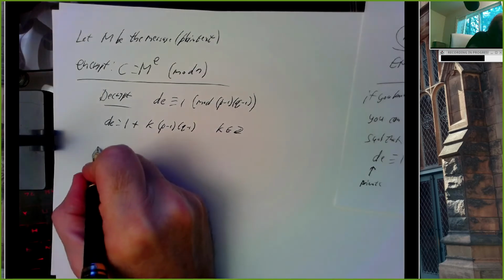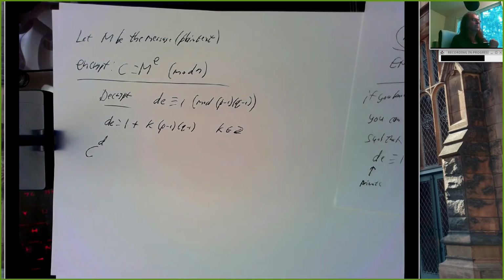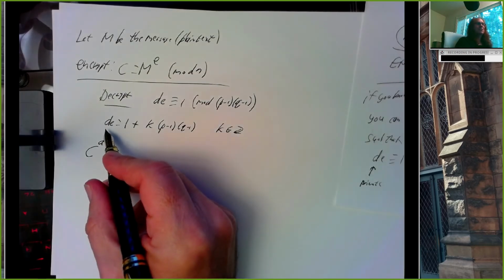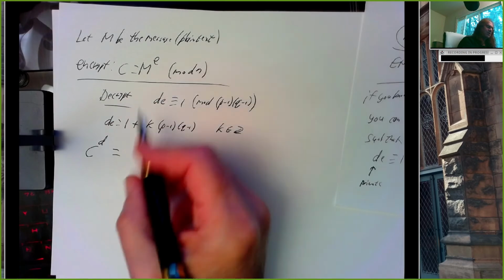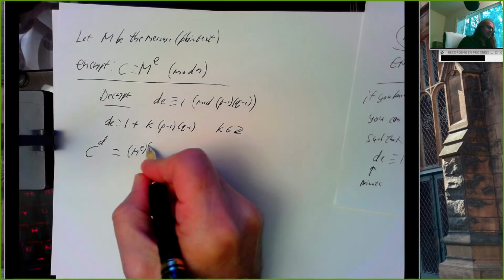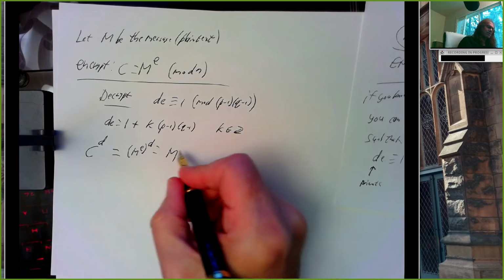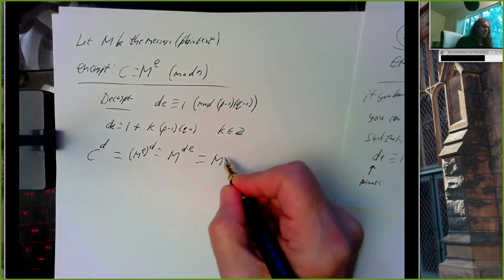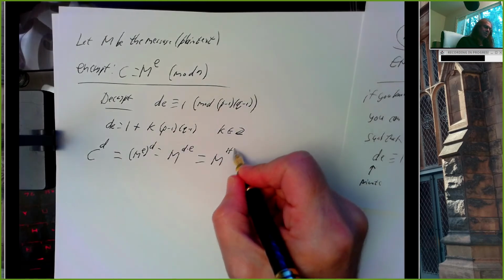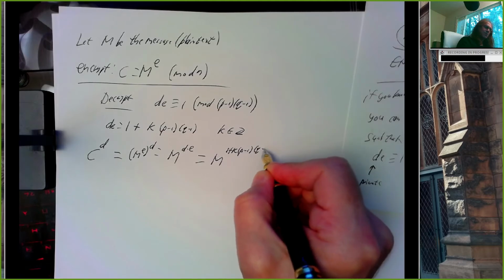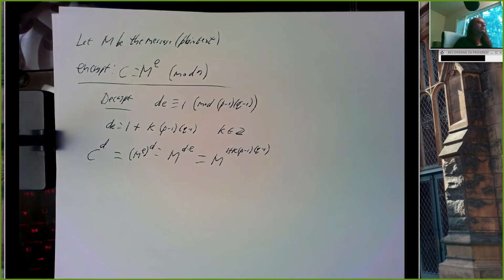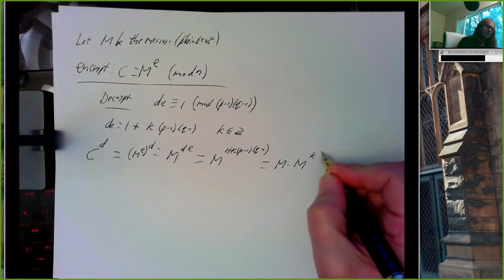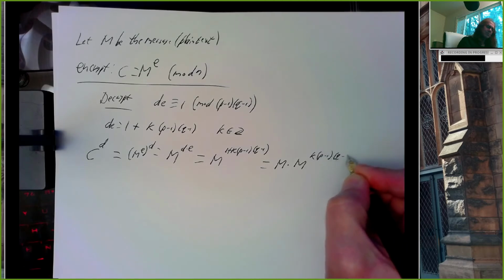And so if we take C and we raise it to the D, so C is the ciphertext, right? If we just raise that to the power of D, well, since C is M to the E, that's M to the E raised to the D, and exponents say this is the same as M raised to the D times E, which is M raised to the, well, D times E is 1 plus K times P minus 1 times Q minus 1, which is M times M to the K times P minus 1 times Q minus 1.